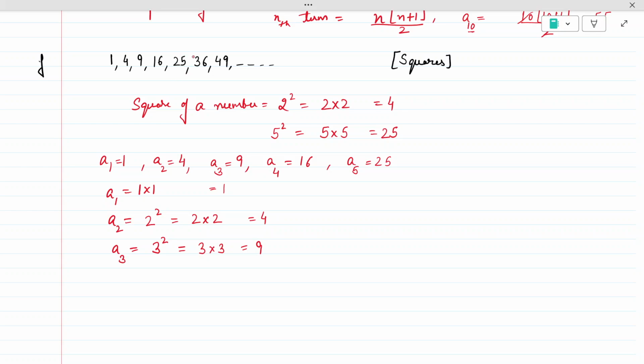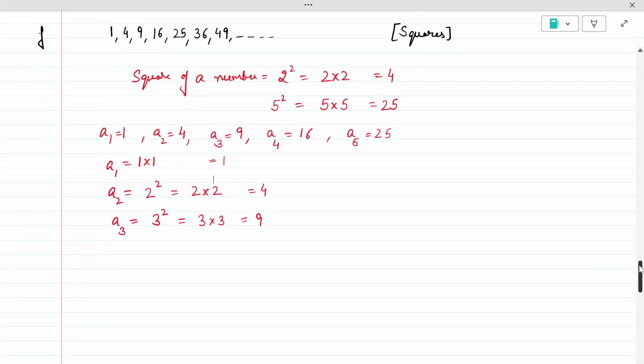And this 25 is the square of 5, 5 multiplied by 5 is 25. Similarly, 6 multiplied by 6 is 36 at the 6th place. 7 multiplied by 7 is 49 at the 7th place. So this is a series of square numbers, right?